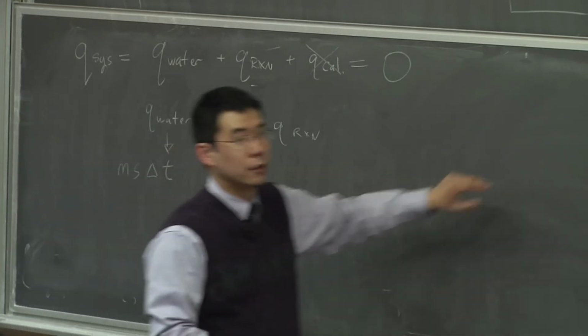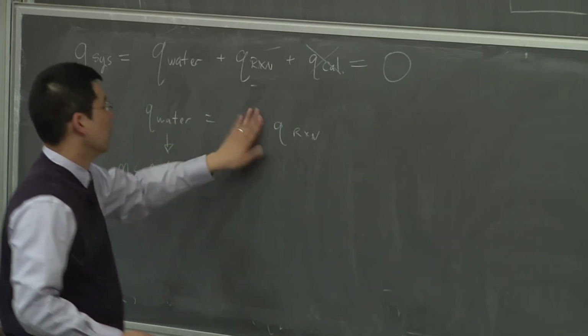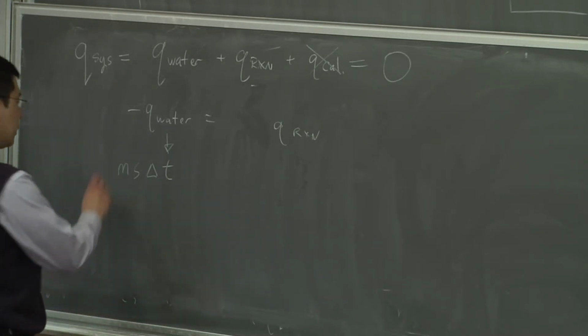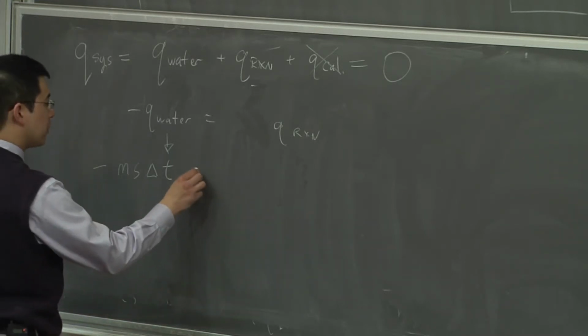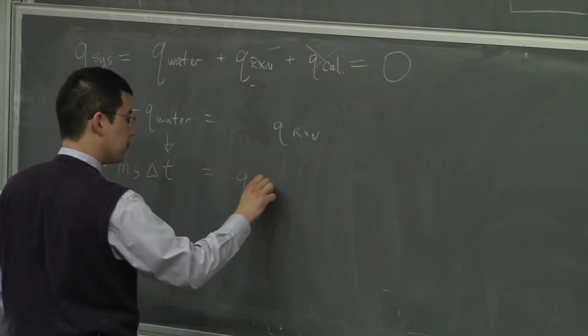Because what are we trying to find? Q of the reaction. So we can do that also. It doesn't matter which one is negative. So if we do that, it's going to be negative ms delta T equals the Q of the reaction.